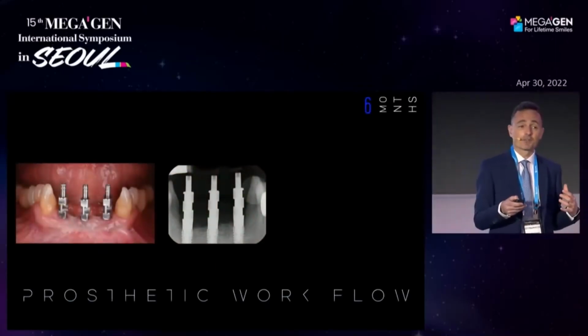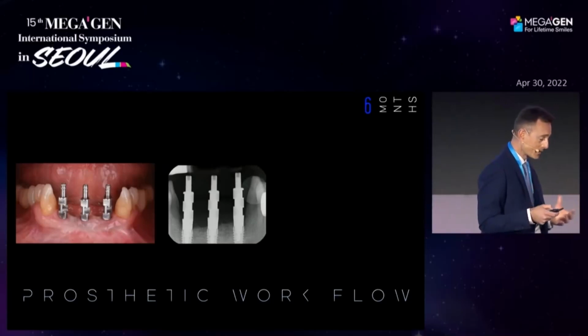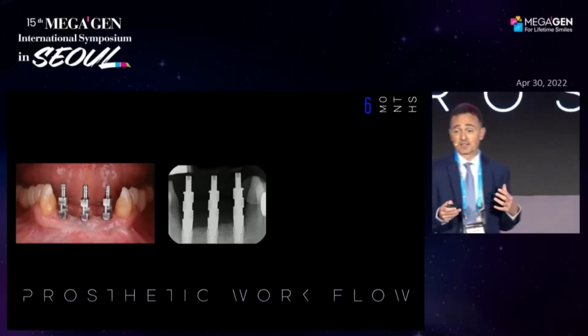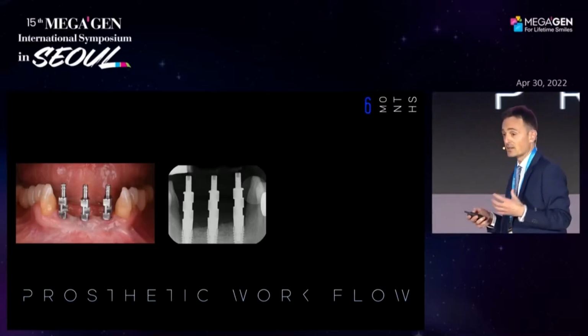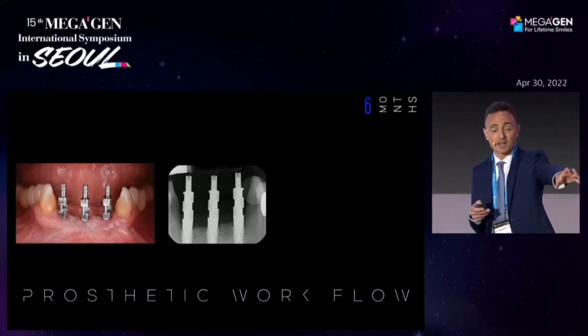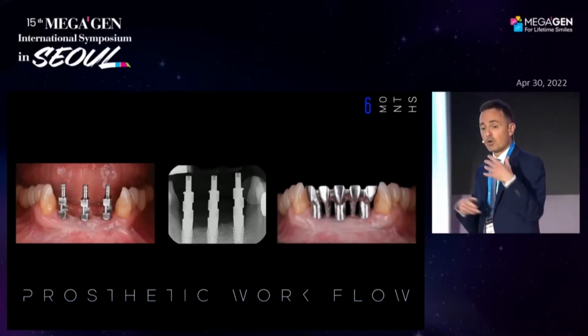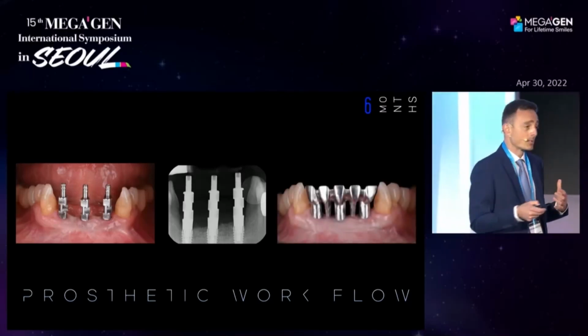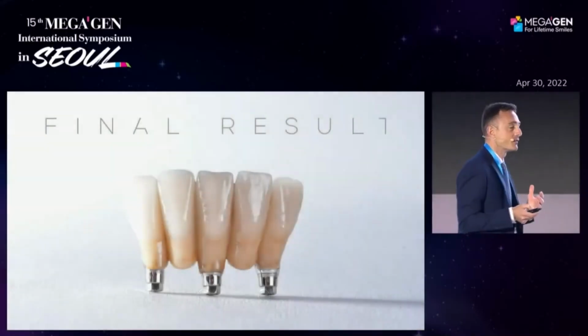After 6 months of soft tissue management and maturation, we can see that everything is fine, and it's time to check with X-ray exam if everything is okay. In this image, we can see that everything is fine. We can go on with the prosthetic session, and this is the final result.